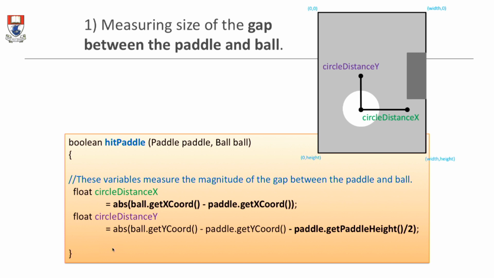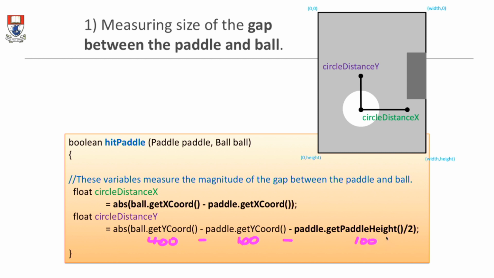Okay, so what have we got here? We've got ball.y coordinate, and our y coordinate for the ball was 400. So you'll plug 400 in there. You are subtracting the paddle, which was 380, 100, so that's 100 for the y. Minus the paddle dot get paddle height. We said the height was 100.